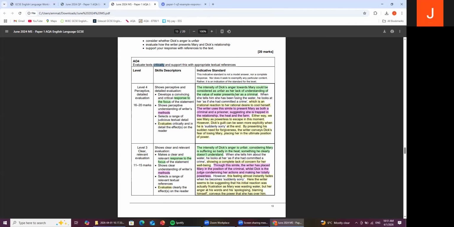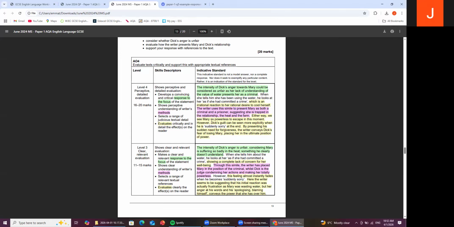When she tells him she's been using the water, he looks at her as if she had committed a crime, which is an irrational reaction to her rational desire to cool herself. Okay, a really interesting, really well argued point made by the student there. The writer uses this simile to present Mary as both a criminal and a prisoner, suggesting she is trapped in the relationship, the heat and the farm. So again, really developed understanding of methods.